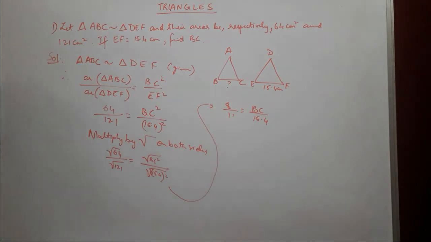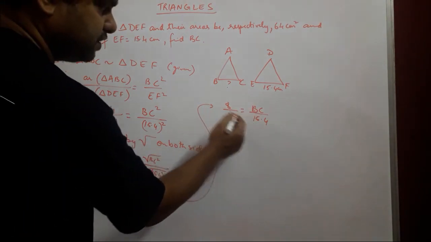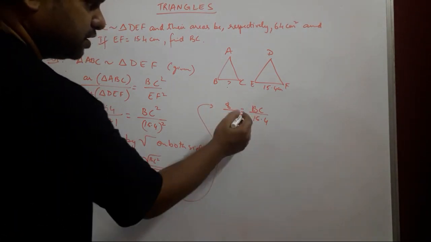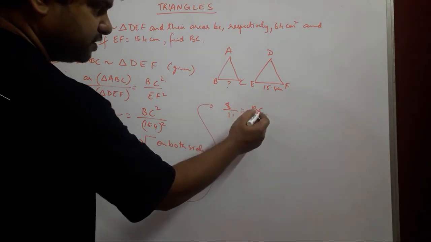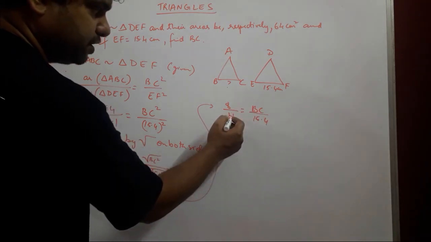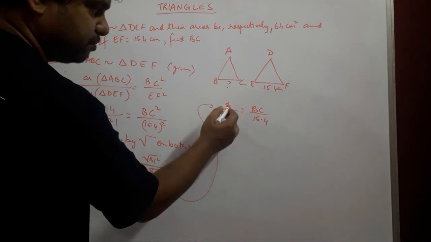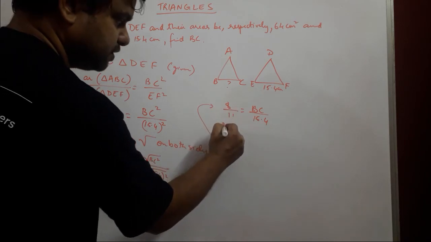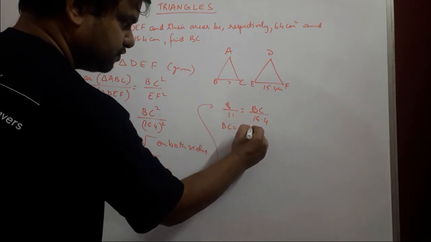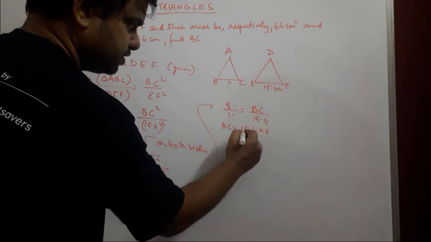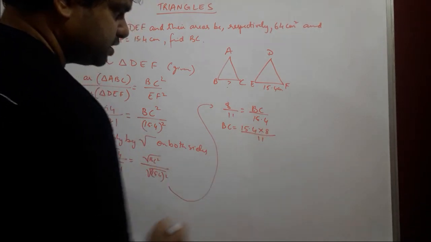Then to get BC, we just need to cross multiply. We need not cross multiply 11 with BC, we'll just leave BC 11 over here and cross multiply 15.4 with 8. This is what we get: BC equal to 15.4 into 8 upon 11.